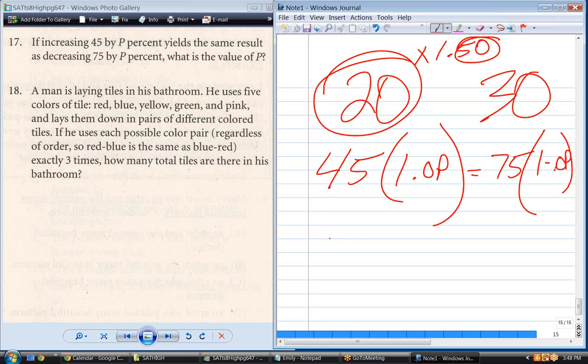If I decreased 80 by 10%, that's the same as multiplying it by 0.9.